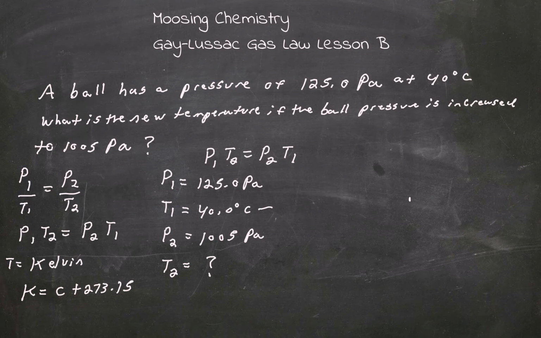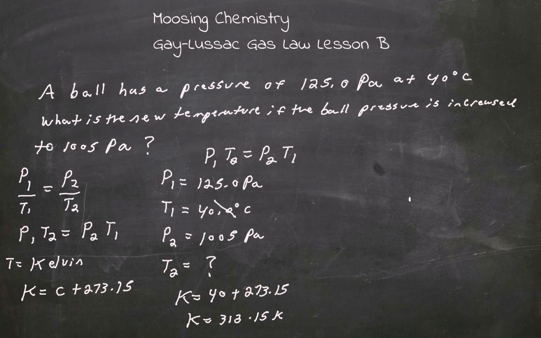All right, so let's do that. K equals 40 plus 273.15. That's going to give me 313.15 Kelvin.